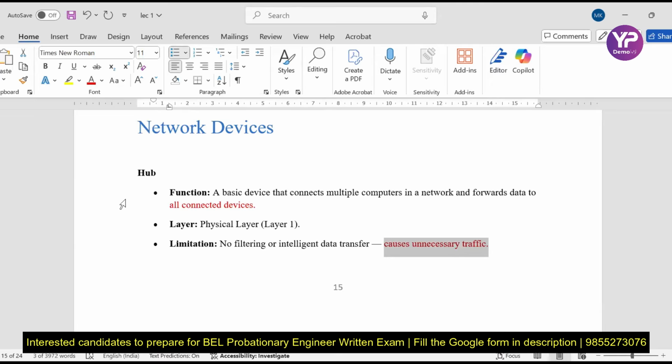Over the network you use IP address. Because it uses filtering and is an intelligent device, it reduces network traffic. That is the main point.